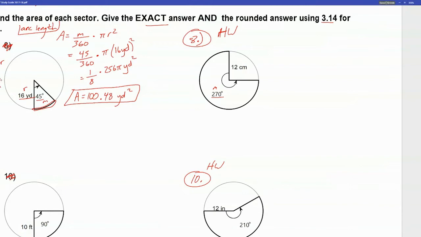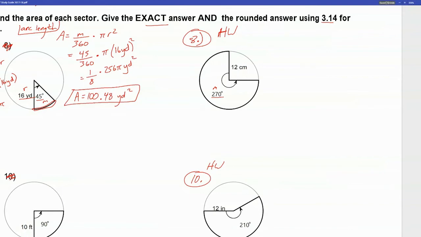So 2 times 16 is 32 times pi. And again, 45 out of 360 is the same as 1 over 8. If you reduce, 32 divided by 8 is 4. So you have 4 pi and then times 3.14.